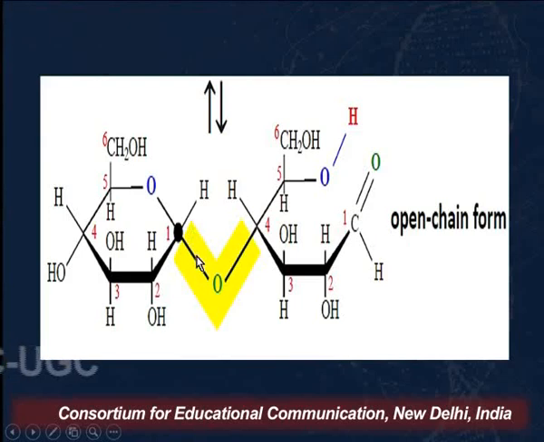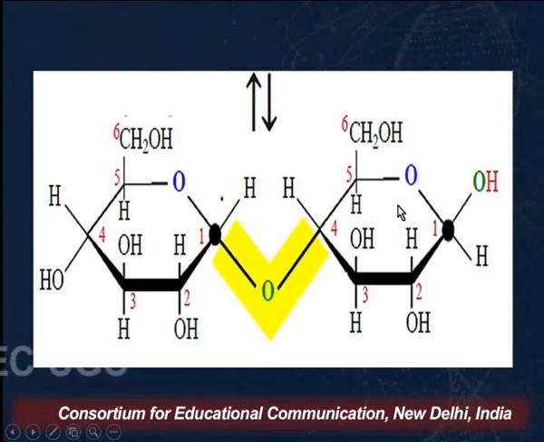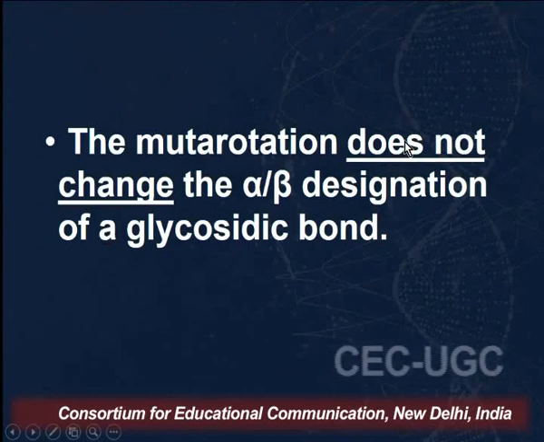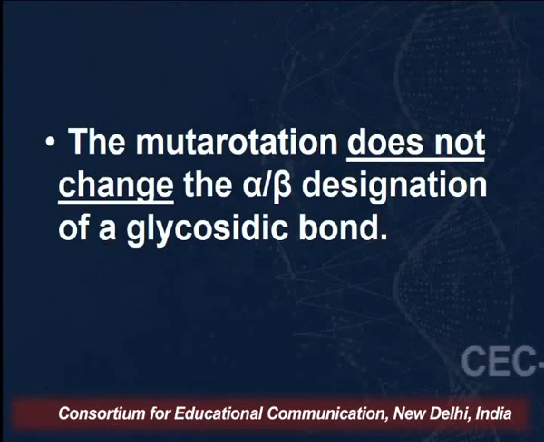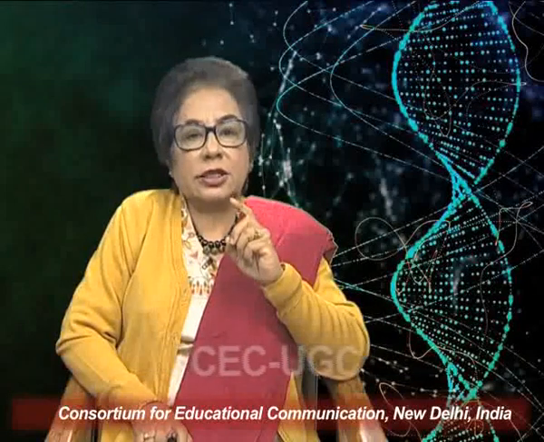This is stable, this will not undergo ring opening, this is locked here, and after this again a bond formation will take place, ring closure will take place, resulting in the formation of beta maltose. So the thing that you have to remember here, again I am stressing, is that the mutarotation will not change the alpha and beta designations of a glycosidic bond here.